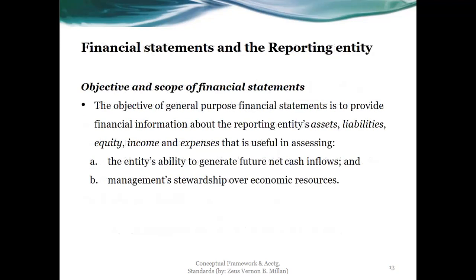Next, for financial statements and the reporting entity, we have here the objective and scope of financial statements. So the objective, again, is basically to provide the financial information. So anything that talks about money, about the reporting entities, accounting elements or values from assets down to expenses that is useful in assessing, number one or letter A, if that entity can generate future net cash inflows.